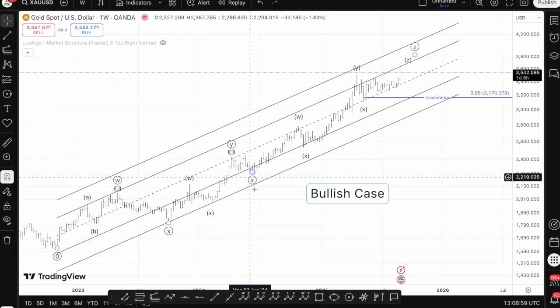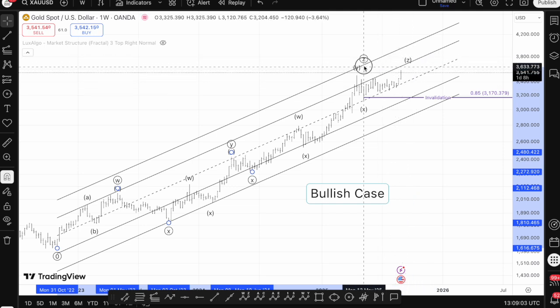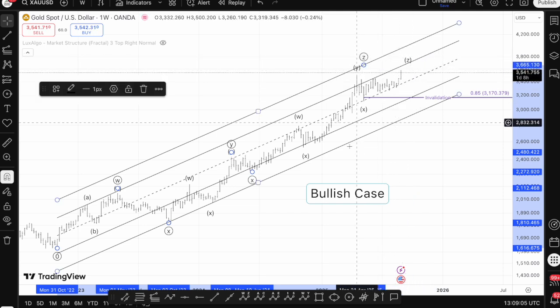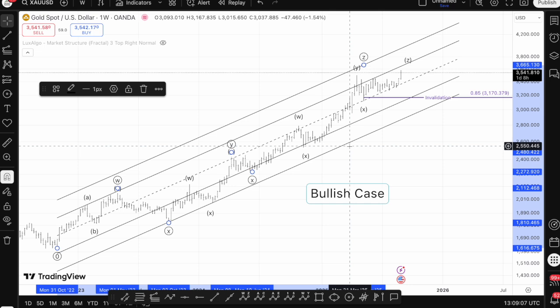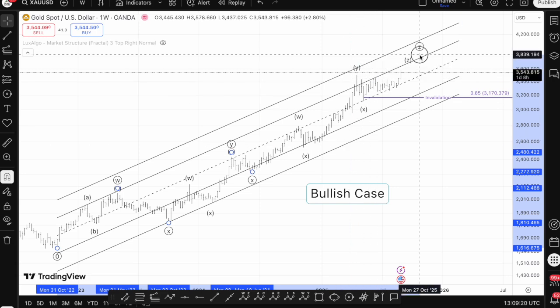We counted this leg as a WXYXZ, and our previous analysis said that this leg Z was more likely to be finished here. As of now we have two potential cases for the continuations, and we're going to talk about it here.